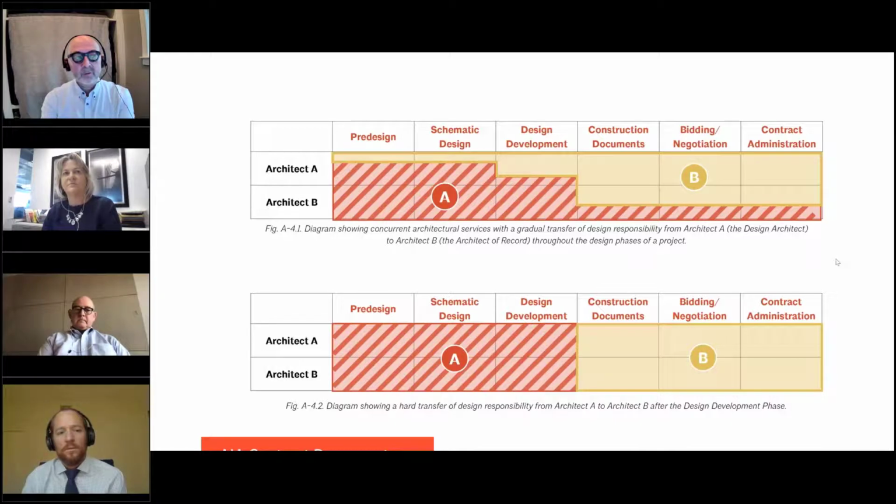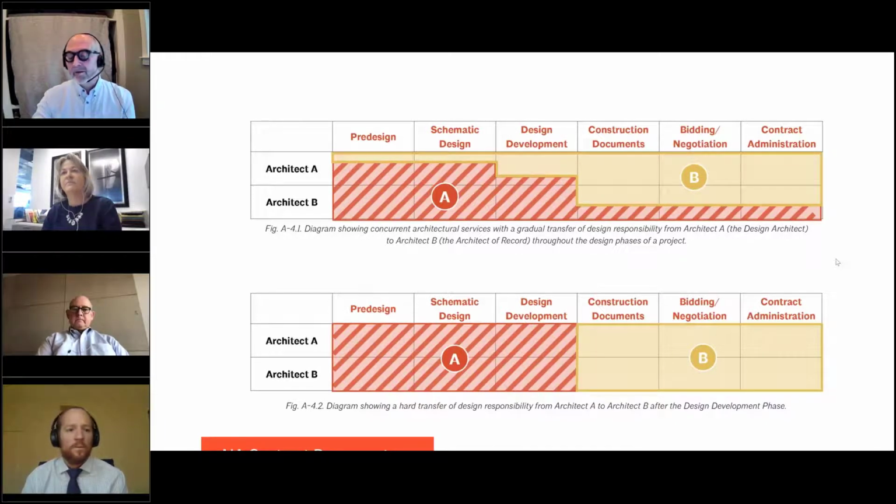And it was always a reinvention each time we encountered this type of arrangement. And so the responsibility matrix really provides an excellent and comprehensive template to guide those discussions. Even if you don't use the AIA documents, that responsibility matrix is really a helpful document.